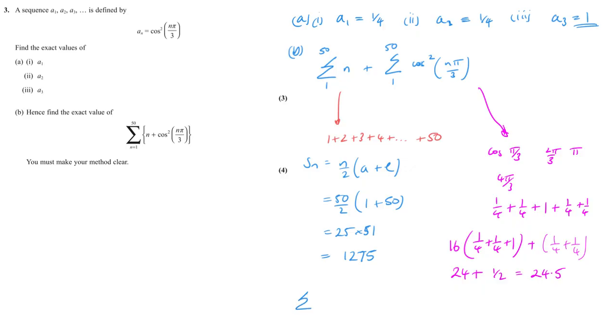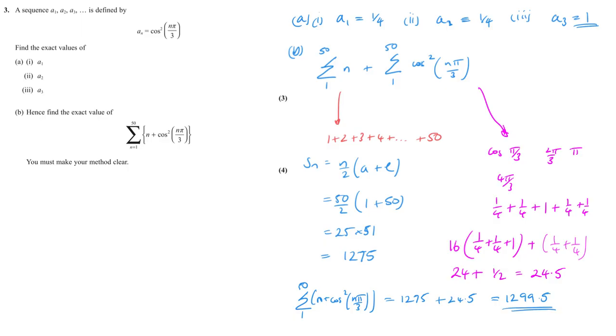So my sum of n plus cos squared n pi by 3 is 1275 plus 24.5, which equals 2599 over 2, or 1299.5.